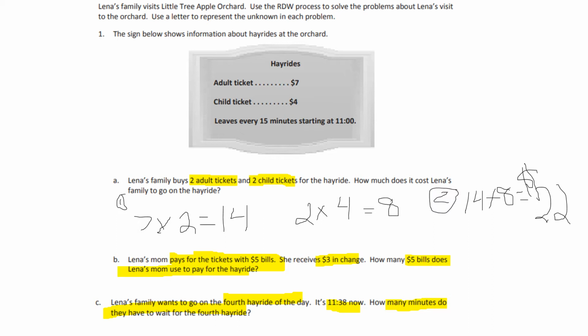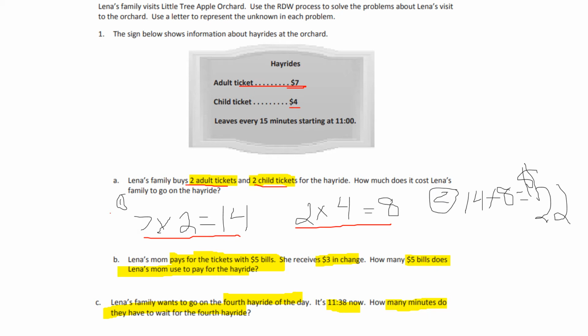So you can see what I did first is I numbered it as step 1 right here. And I did 7 times 2 equals 14 because that's the adult. And we know it's 2 adult tickets. Then I also did 2 times 4 because child tickets are $4 and they bought 2.